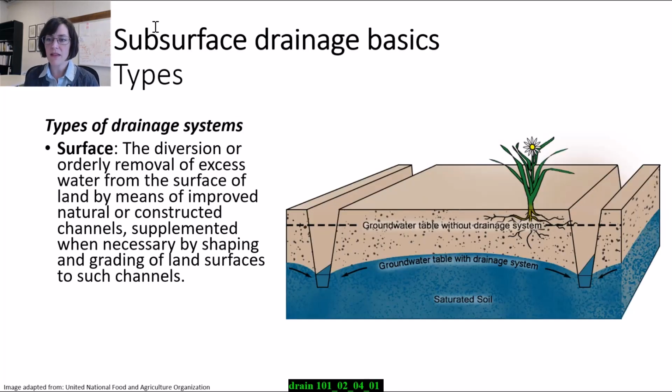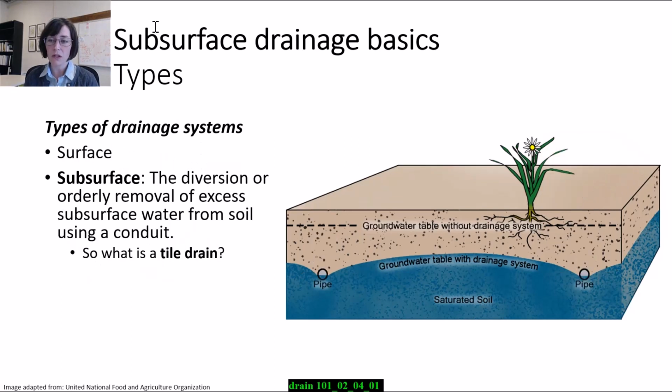So even though surface drainage methods like ditching are usually the cheapest option, this kind of drainage doesn't always solve the drainage issue. For example, if you have a perched water table like we have here in Illinois, surface drainage won't solve that for you, and so in that case you need subsurface drainage, which is the diversion or orderly removal of excess subsurface water from the soil using a conduit.